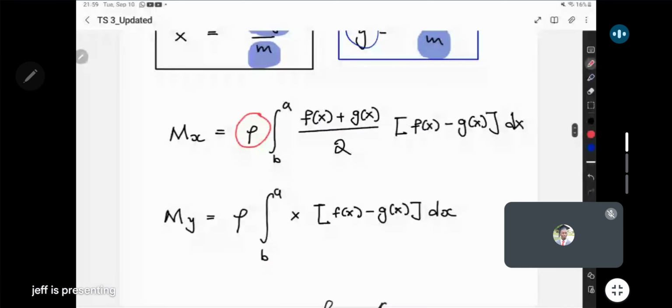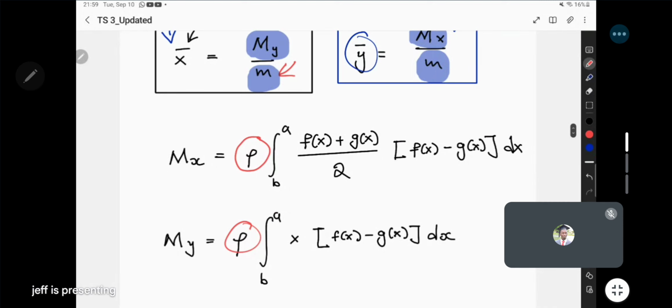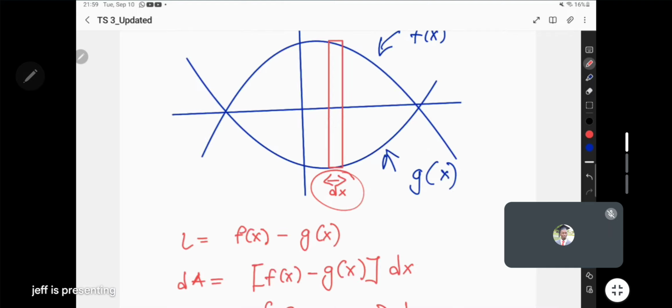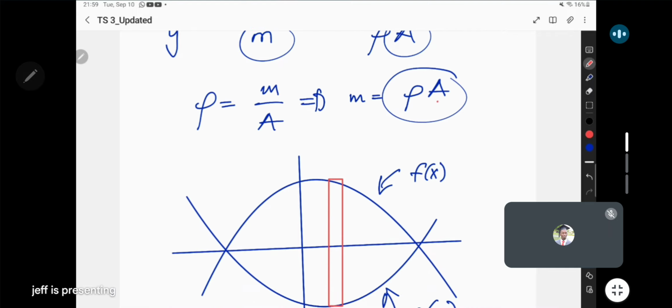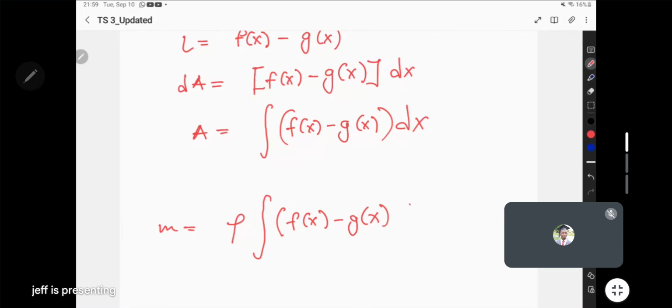Notice that the density would cancel with the density that will come from the mass. Because even as you see on the one we are currently working on, the expression for the area has just come out as, so our mass now has reduced to density and our area has reduced to an integral of f of x minus g of x, multiplying dx.